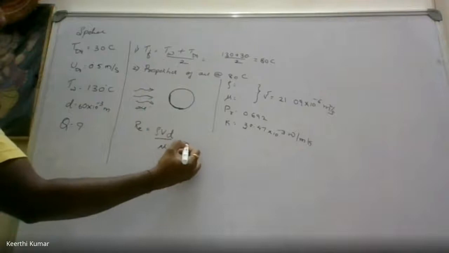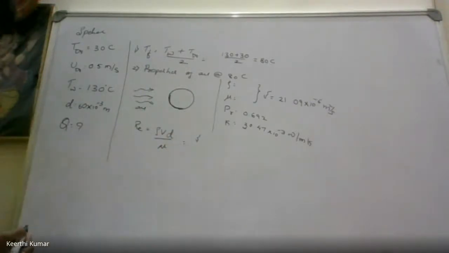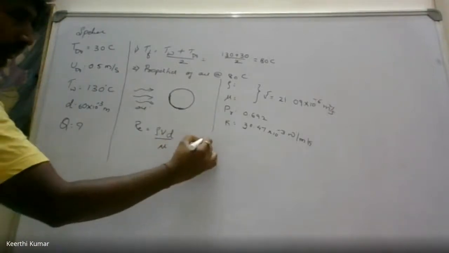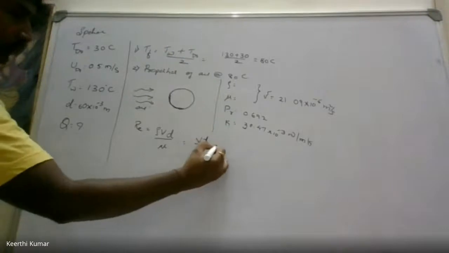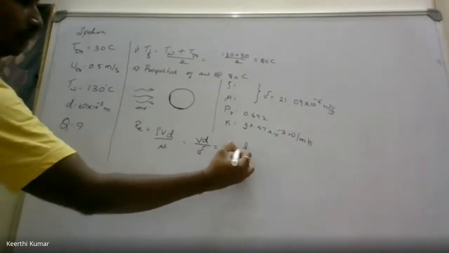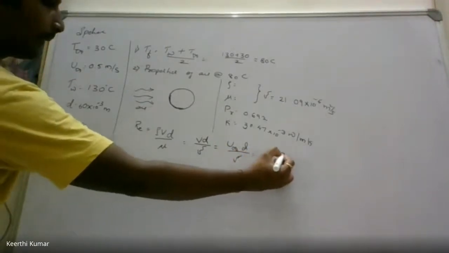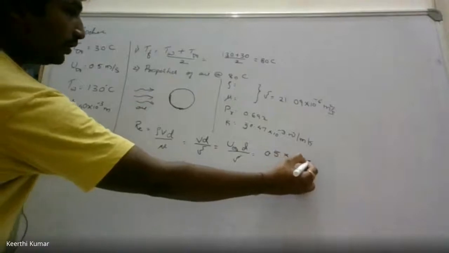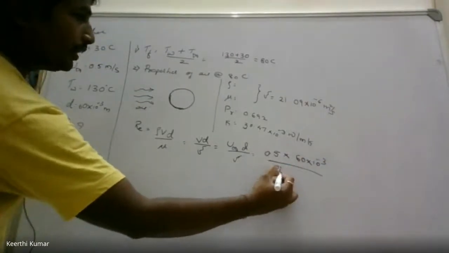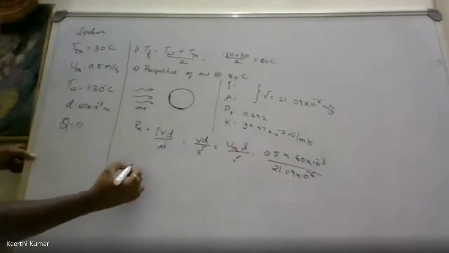Rho by mu we can write as 1 over kinematic viscosity, so Re is V into D divided by kinematic viscosity, with V being U infinity. So U is 0.5, diameter is 60 into 10 to the power of minus 3, divided by kinematic viscosity 21.09 into 10 to the power of minus 6. This is the formula.